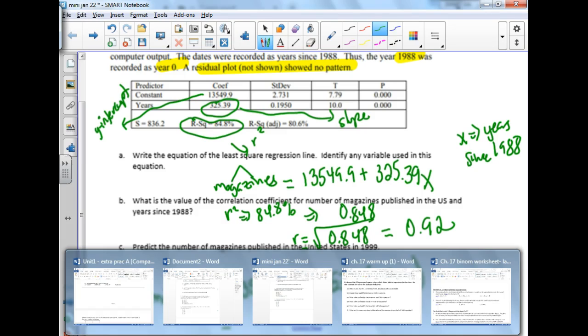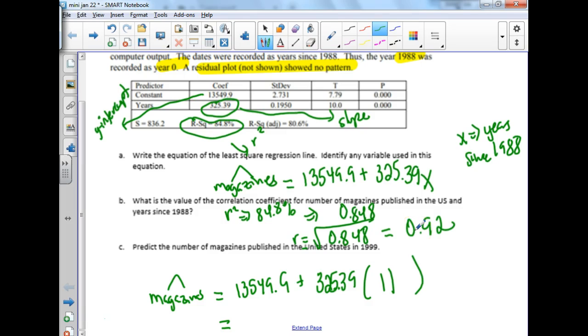I take 13,549.9 plus 325.39 times 11, and I end up with 17,129.19. Since we're dealing with whole numbers, I'll just say approximately 17,129 magazines. We can anticipate that will be published in 1999.